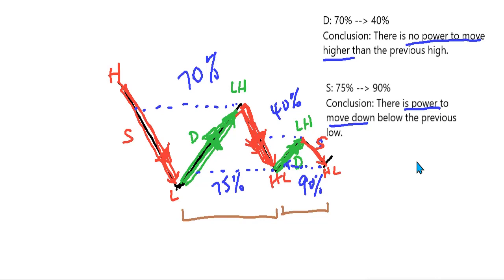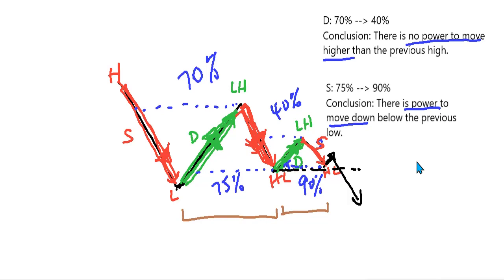So what that means is, this is the lowest low we have right now, the recent low. Even though the price moved up, there is a tendency that it is going to go down like this.